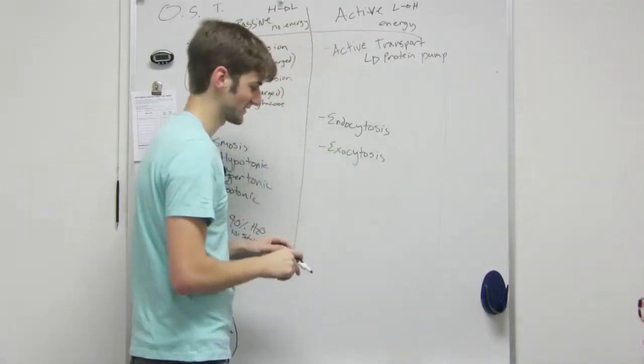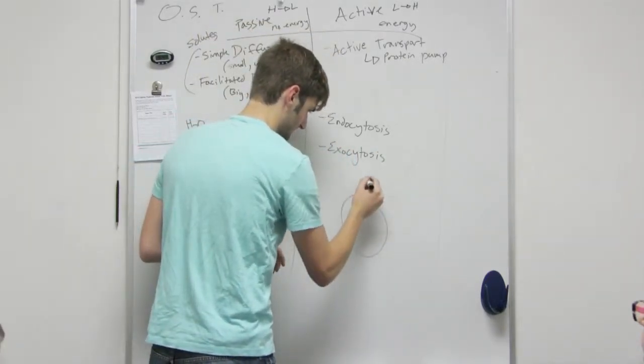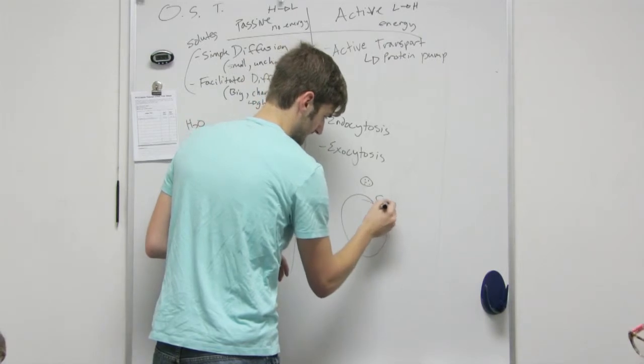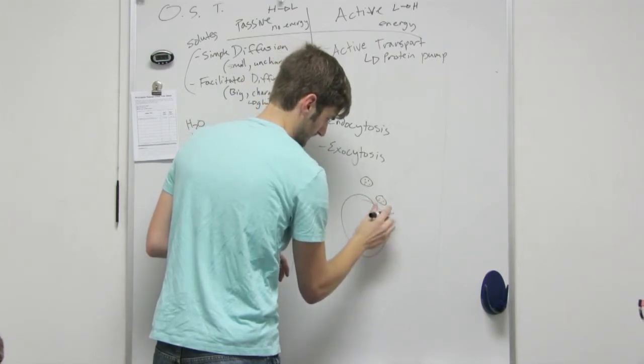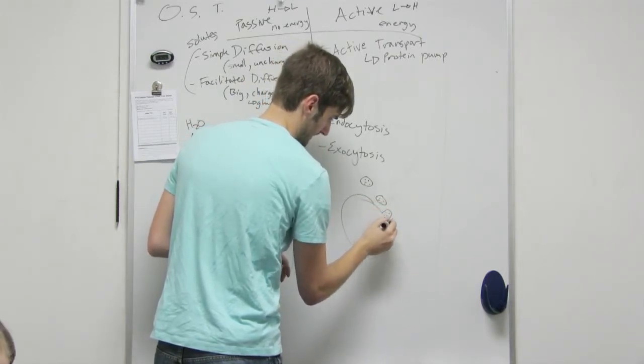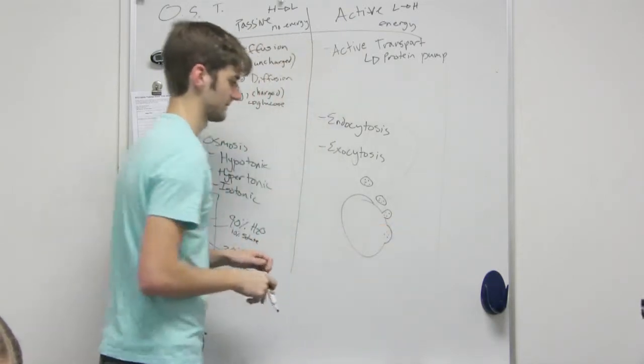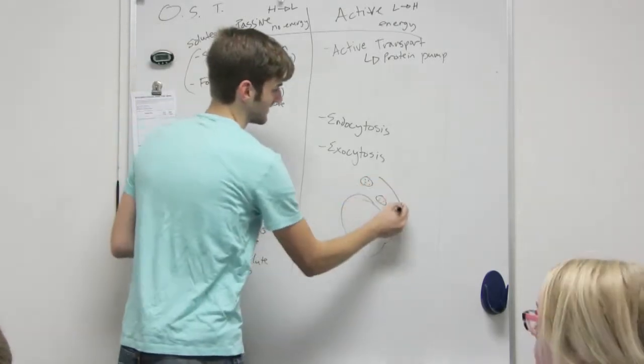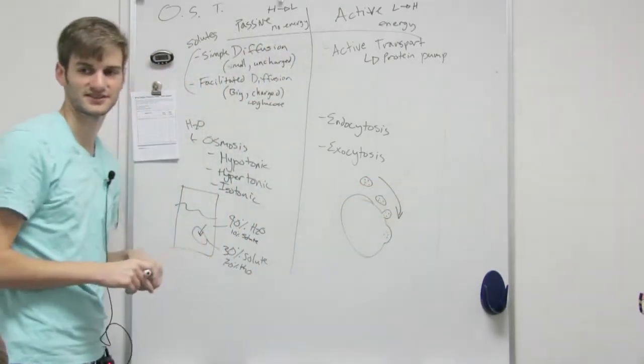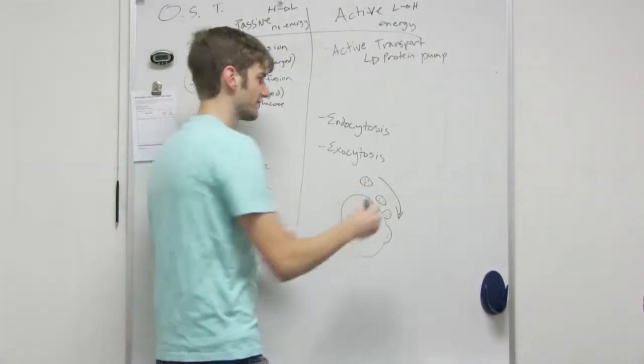Okay, the last two. We have endo and exocytosis. If we're going this direction, it's endocytosis. This little thing right here is called a vesicle.